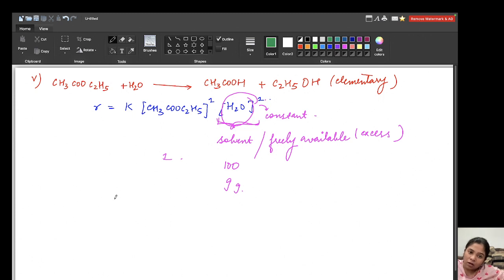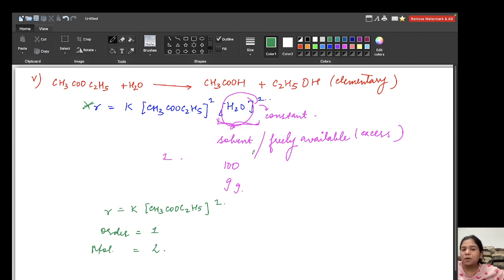Okay, so here instead of this rate we'll write rate equals K CH3COOC2H5 raised to the power 1. So here your order and molecularity will not be same. My order is 1 and my molecularity will be equal to 2.